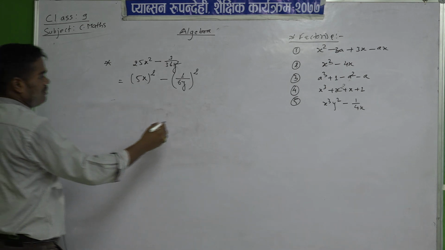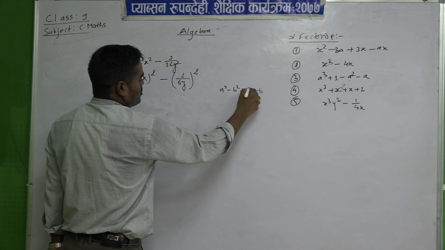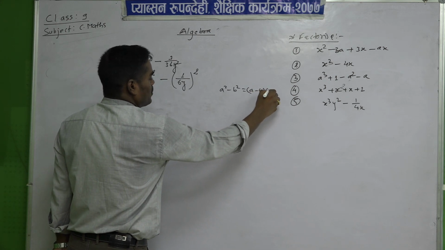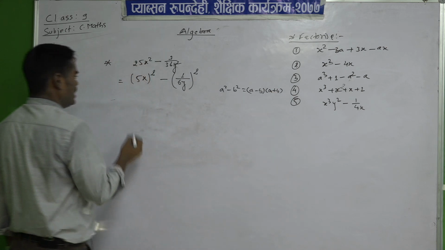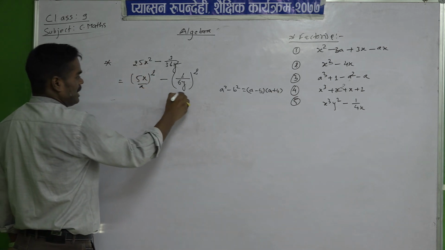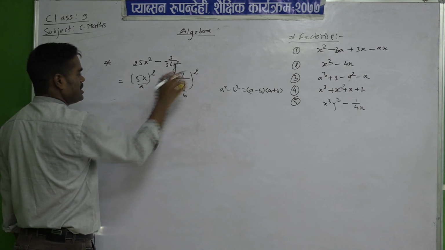Now we can use the formula a square minus b square. So a square minus b square means what? The product of a minus b and a plus b. So this complete is a and this complete is b.